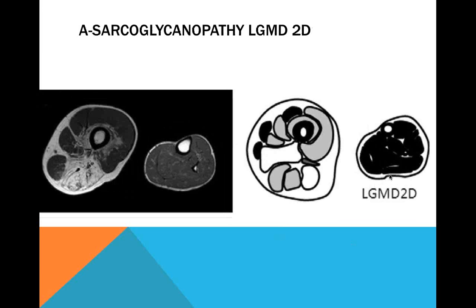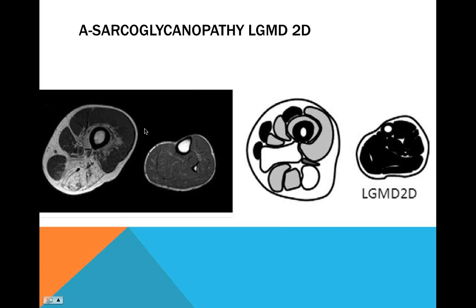And these are things that we less frequently encounter, but this was also described in that paper, which is LGMD 2D or alpha-sarcoglycanopathy. This is kind of in the family of the muscular dystrophies, like the Duchenne muscular dystrophies.